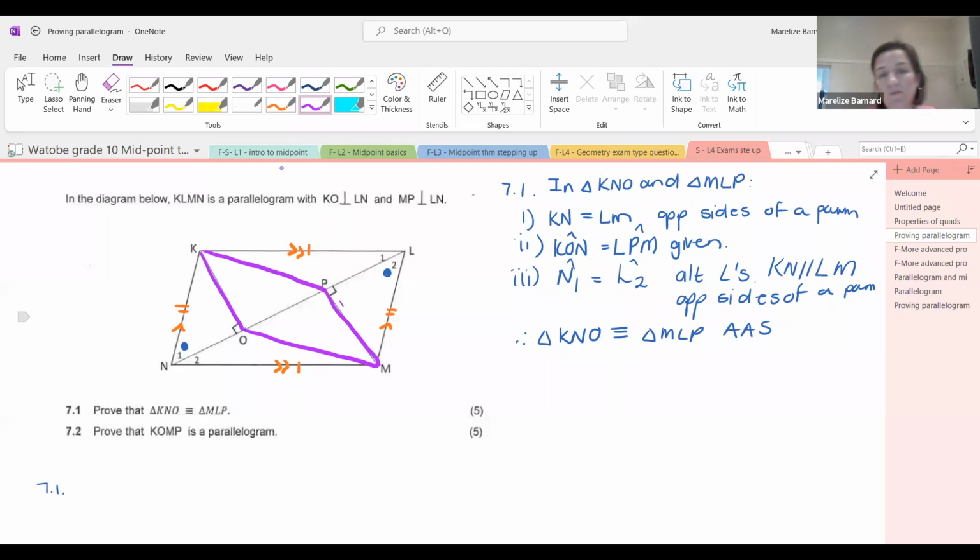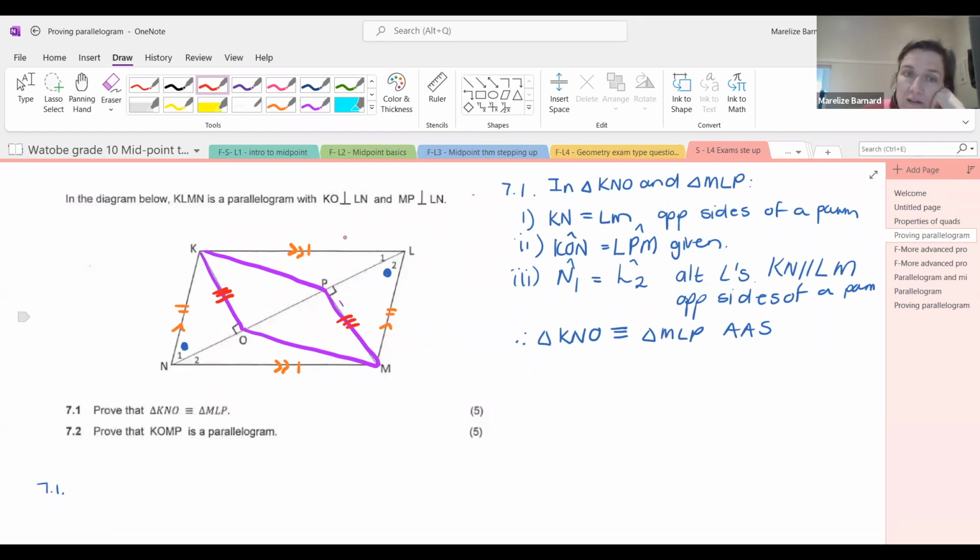Bearing in mind that we've just proven that those two triangles are congruent. So what's nice about that is that all the parts of the triangle are actually the same, which means KO and PM are equal.